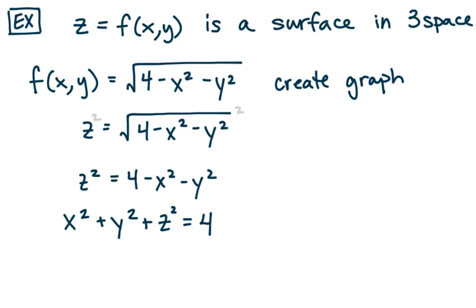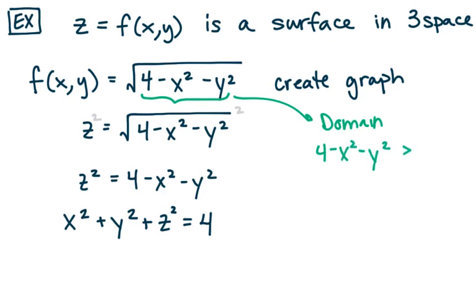Now, is the domain going to be this entire sphere? In the previous video, we talked about domain. If I think about the domain of this function, what I know is that the argument 4 minus x squared minus y squared has to be greater than or equal to 0.